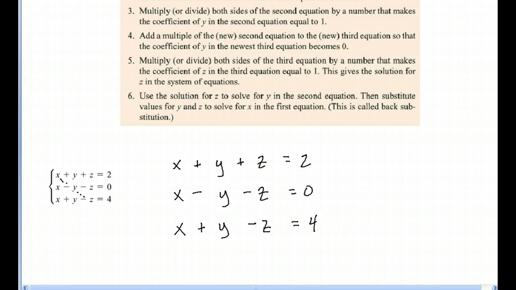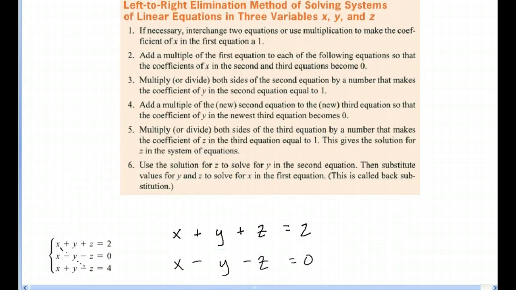Alright, so what this is telling us to do is we can move the rows around, swap the rows around to make the coefficient of x in this first equation a 1. Okay, so this one already is a 1, but if this had been a 2x and this had been a 1x, we could switch their positions. It doesn't matter what order the equations are given to you.